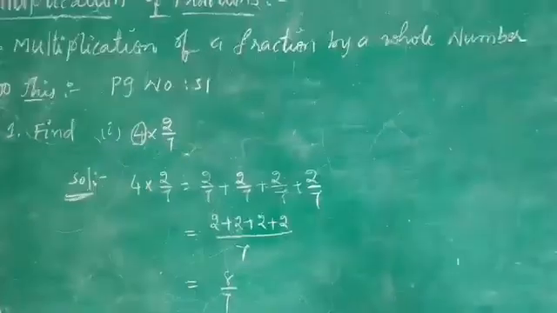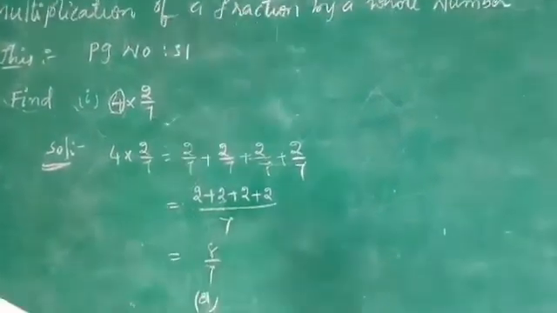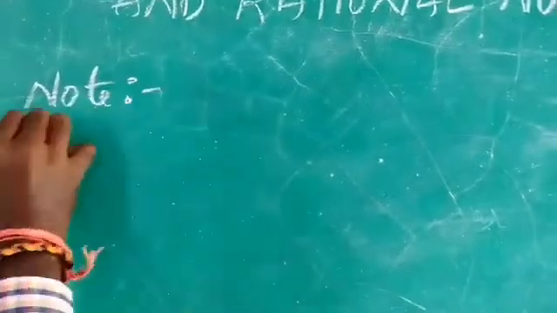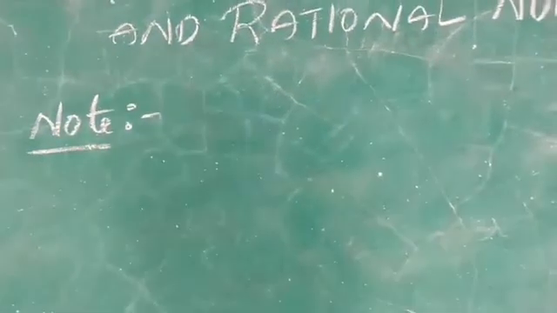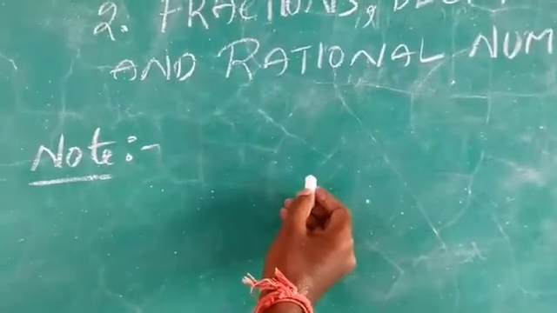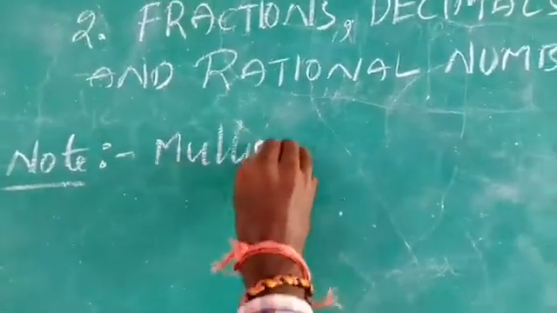Now I would like to tell you one more note. Let me write one note. The note here is: multiplying a whole number with a proper or an improper fraction. This is very important.